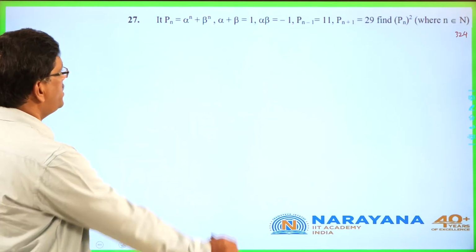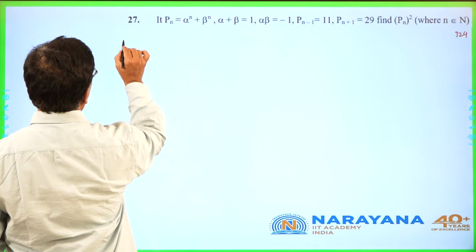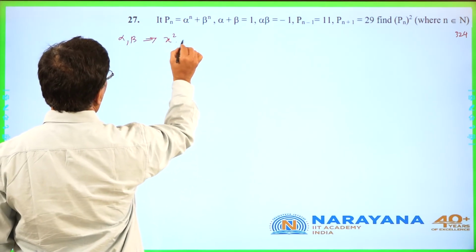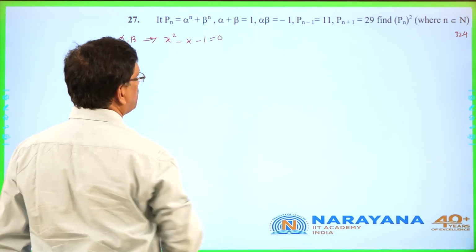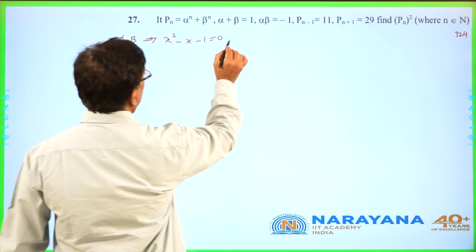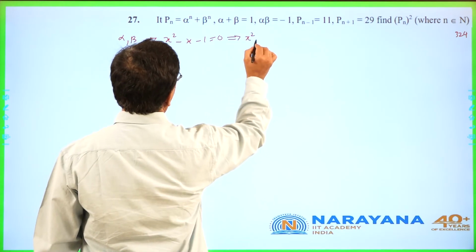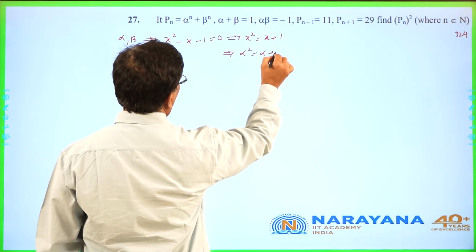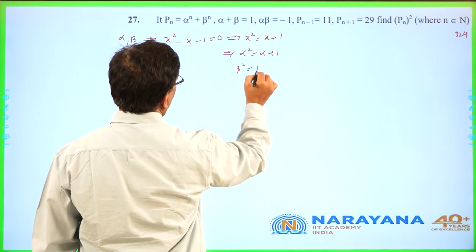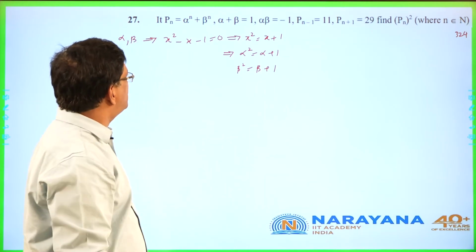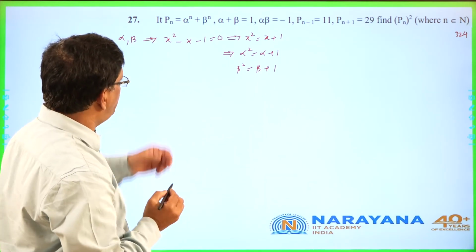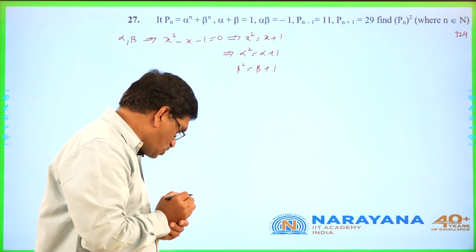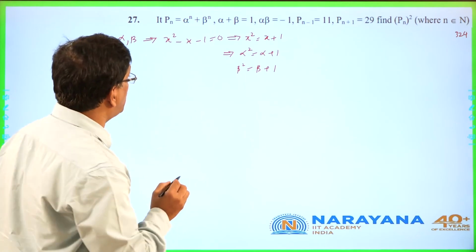Right. Pn is, you mean alpha, beta are the roots. What is the equation? X square minus x minus 1 equal to 0. You mean x square equal to x plus 1, that is alpha square is alpha plus 1, beta square is beta plus 1. With this, he has given some data, that is Pn equals alpha n plus beta n.